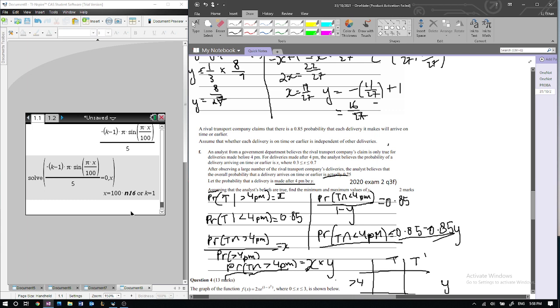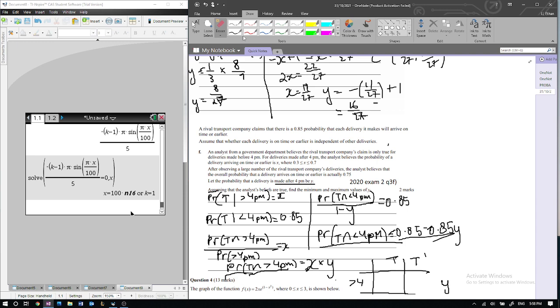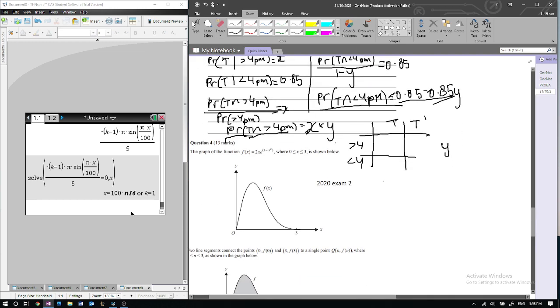Here's another key piece: it says that the overall probability is 0.75 that it arrives on time. So for our T section, this is 0.75.